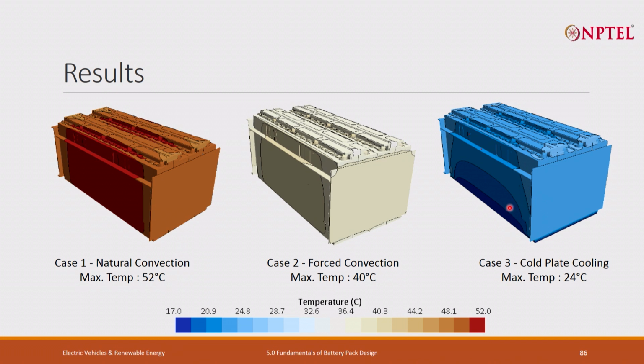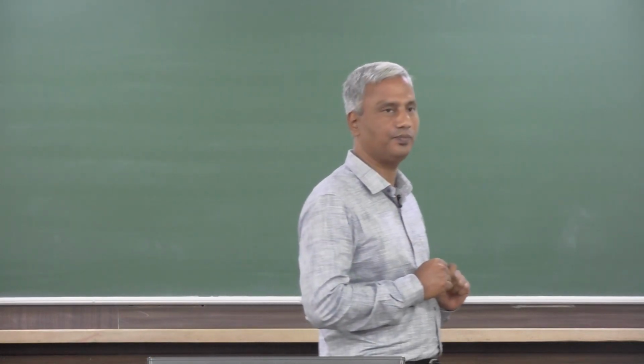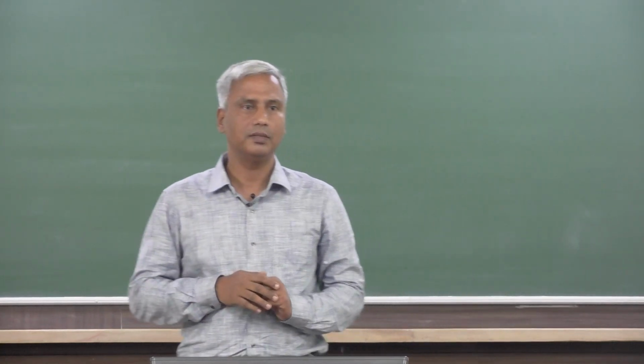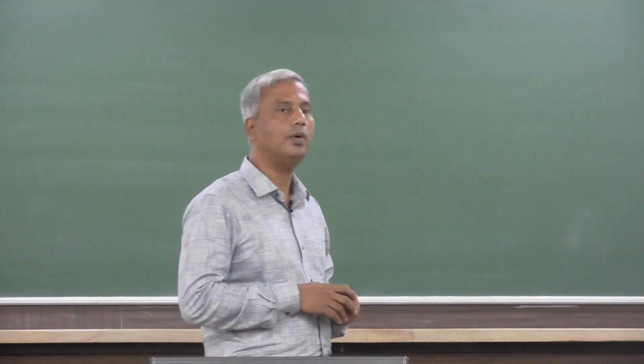So, if it is a very big battery pack, let us assume, what mode would have been best for us? Obviously, active cooling system, because it is maintaining the temperature that I wish. If that is not possible, let us suppose for a smaller battery pack, what would I prefer?